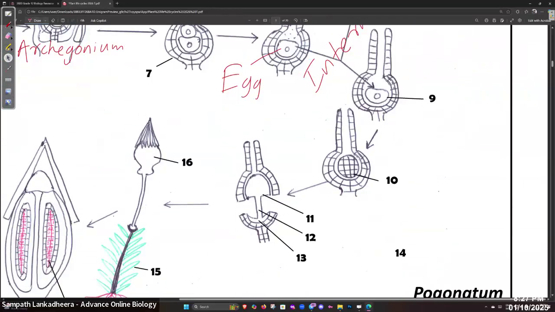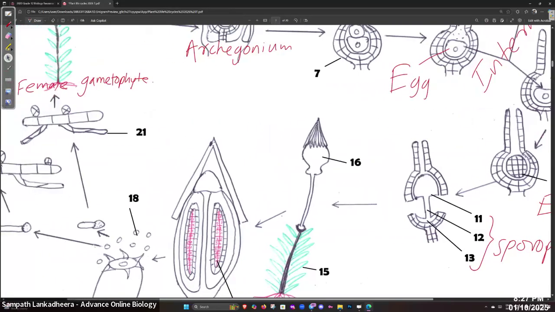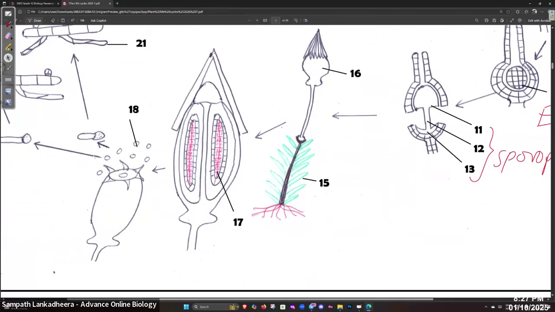So we get the zygote and then the embryo. And then here, the sporophyte, the 2n sporophyte. And number 6 is the capsule.